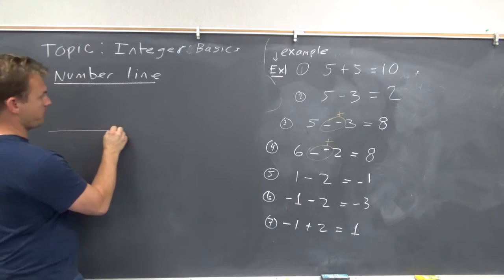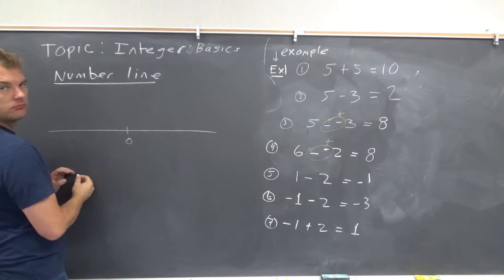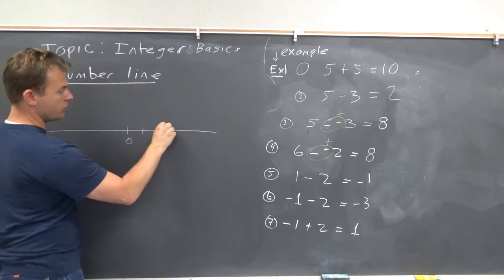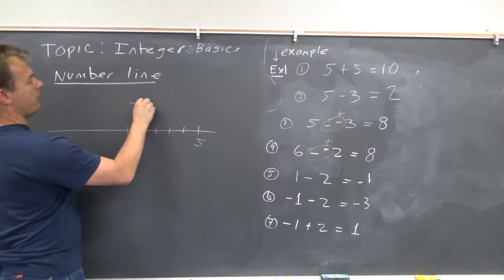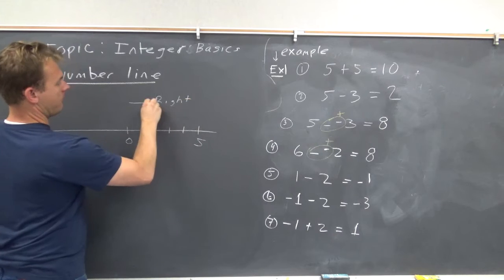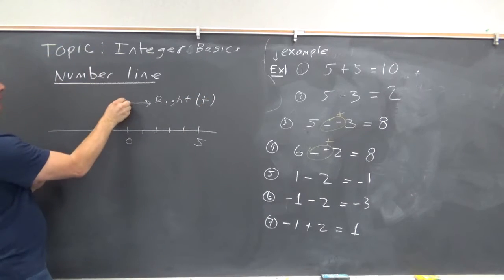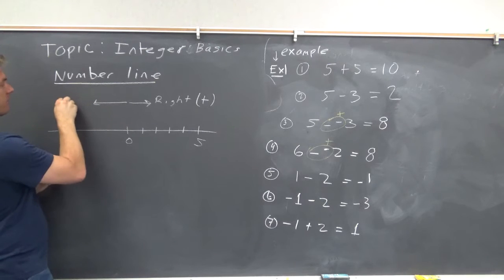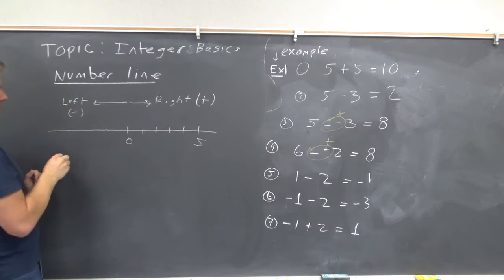So, a straight line. And remember, you have 0 here. 1, 2, 3, 4, 5. Remember, if you're moving towards the right, they're positive. If you're moving towards the left, they are negative.